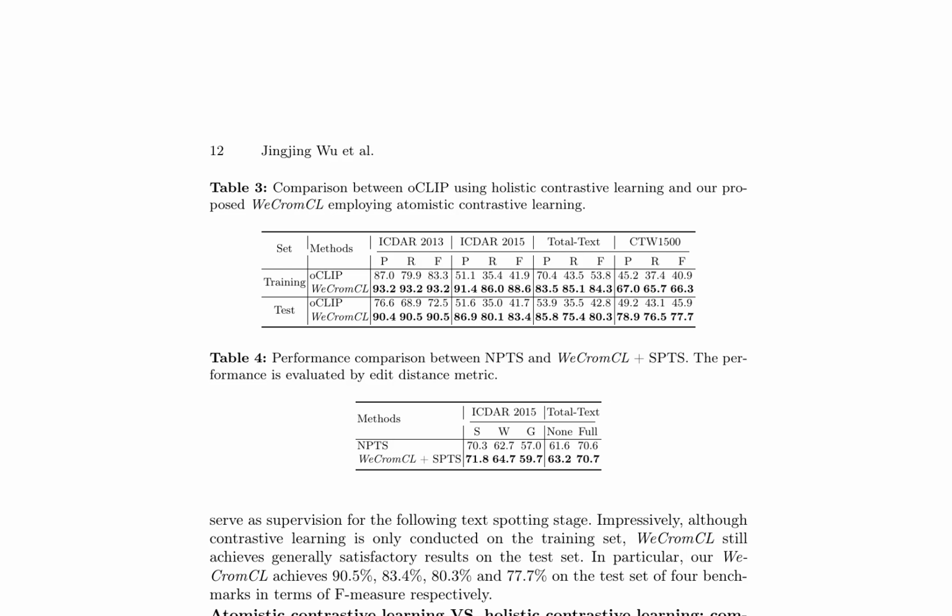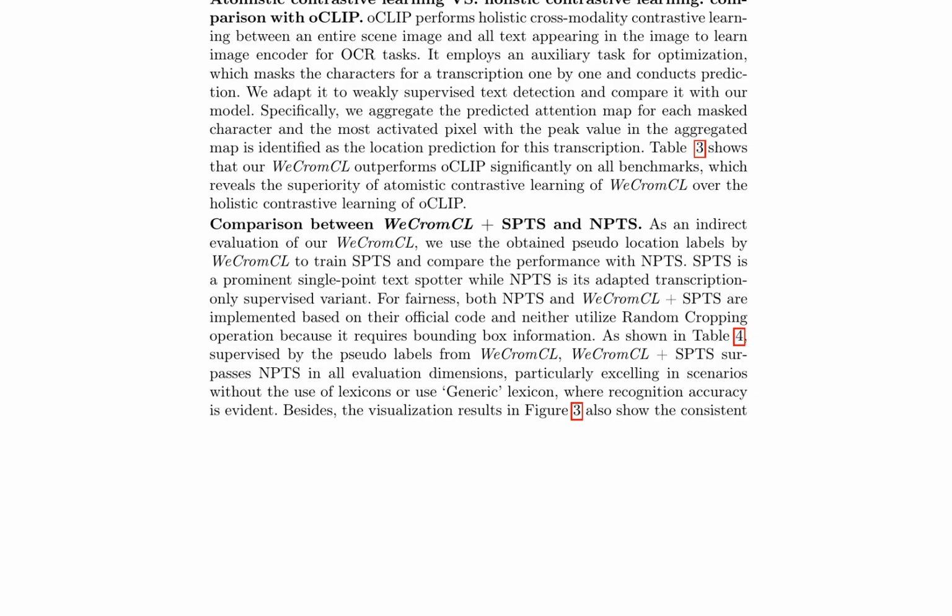This highlights the effectiveness of atomistic contrastive learning in capturing fine-grained text features. Furthermore, WeCromCL is used to generate pseudo-location labels, which are then employed to train SPTS, a single-point text spotter. Table 4 compares the performance of WeCromCL plus SPTS with NPTS, an adapted transcription-only supervised variant of SPTS.